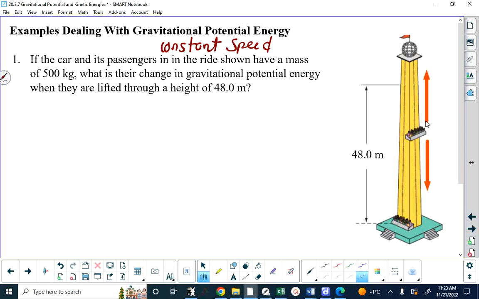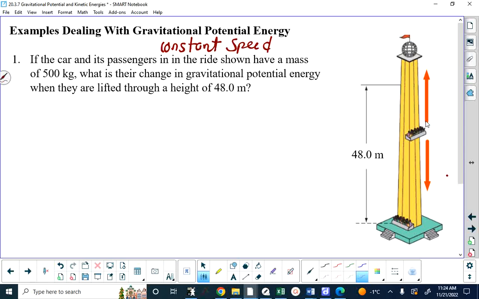And the reason is this. It's a subtle one. If it's accelerating, it's speeding up, which means it's gaining kinetic energy. This question asks about gravitational potential energy. We don't care about any acceleration because that would be a change in kinetic energy.